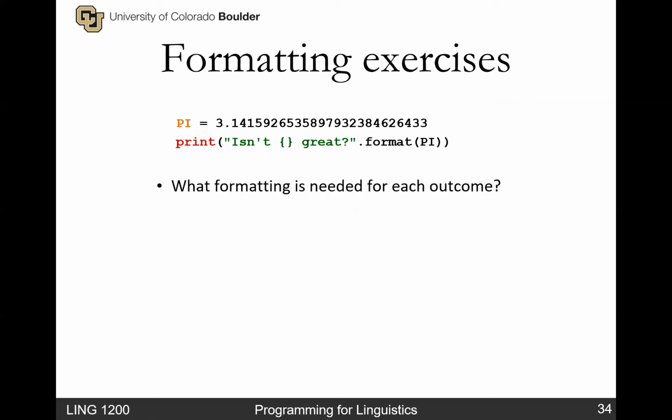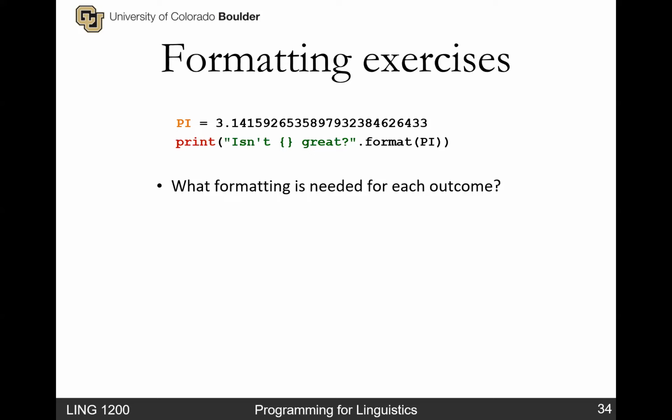All right, here's another exercise. We have some code which includes the pi digit with not all, but many of its decimal points, and then a print statement with empty brackets right here. And it's going to format that number. So I want you to pause and write out what formatting is needed for each outcome.